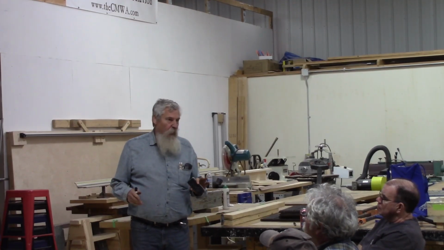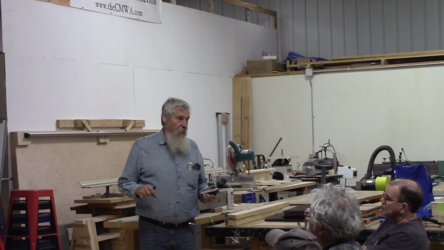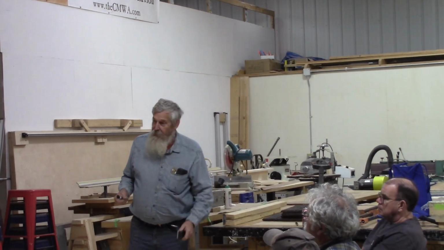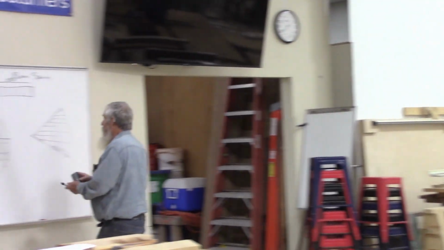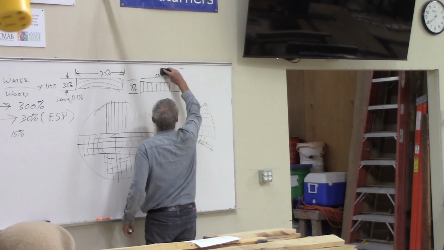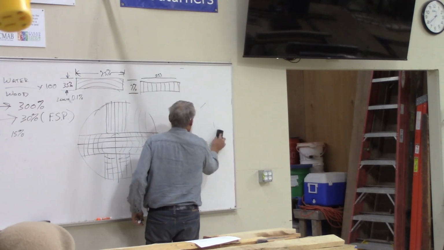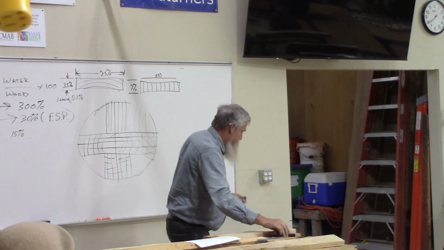So where I'm really just trying to go here is to help everybody understand that when you go and look at it, so the rift sawn, and some of it's a very fine line between rift and quarter saw.